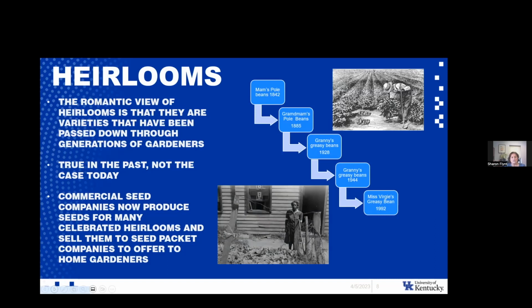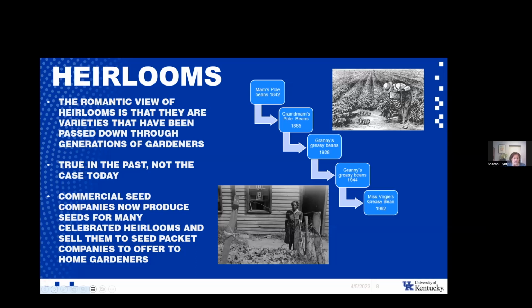So it's like a big sharing down through the generations, which is true of the past. And still some families do have seeds that they pass down. And even some people have made a business of passing down these heirloom seeds, and we have catalogs.